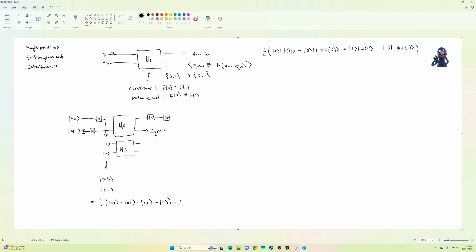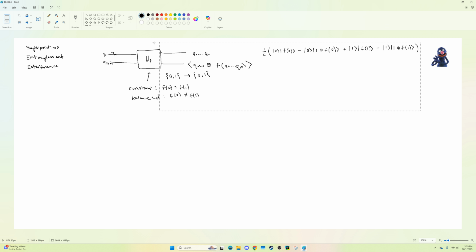There is also one more algorithm called Deutsch-Jozsa, which is Deutsch's algorithm built on even more. So let's get rid of that stuff right there.